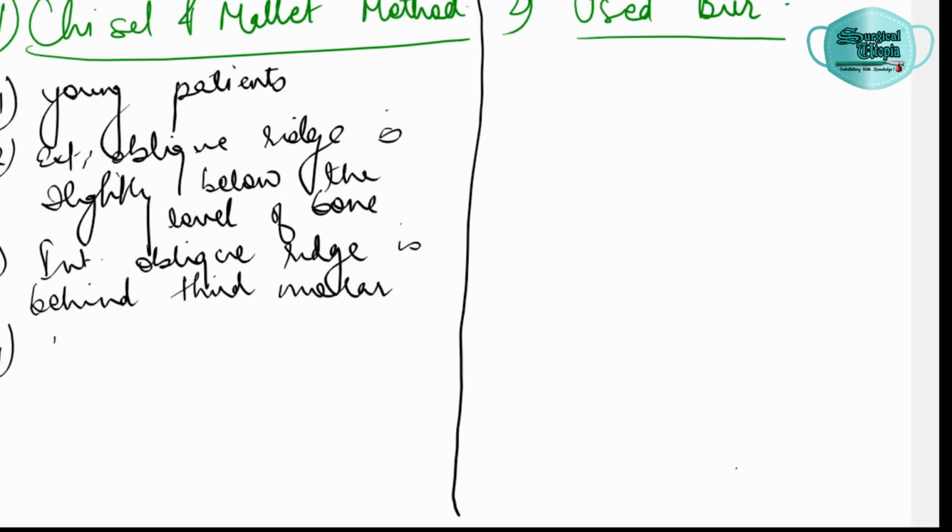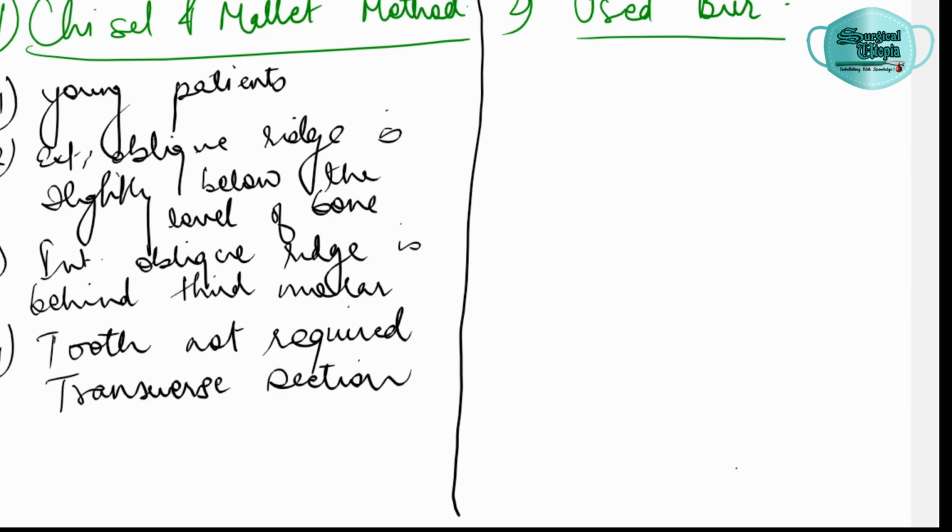The fourth indication is where the tooth does not require transverse section. And the fifth indication is in cases where disimpaction is performed under general anesthesia. So these are the five indications for the use of the chisel and mallet method.